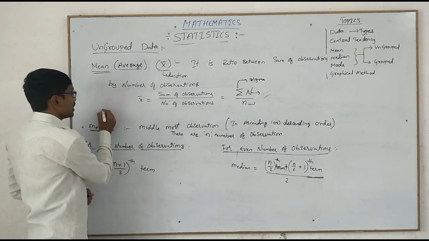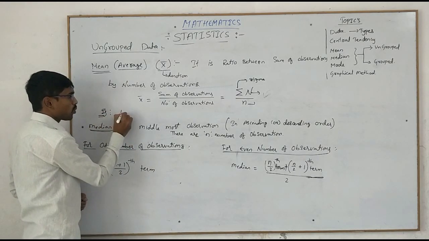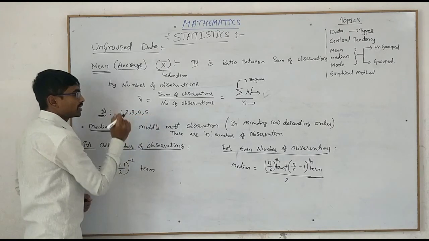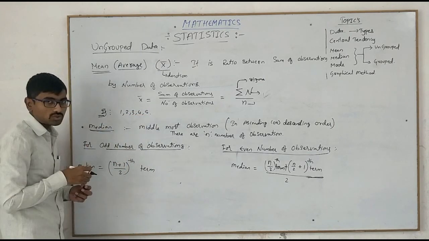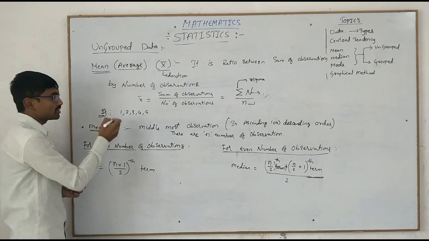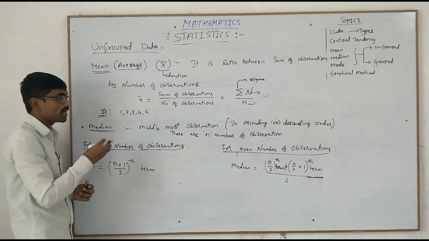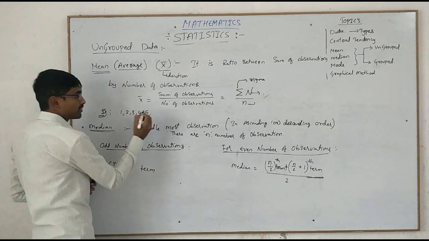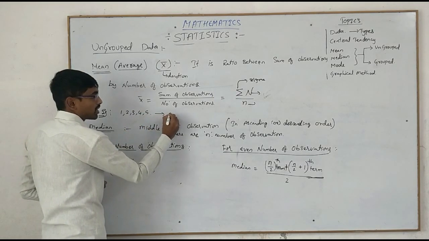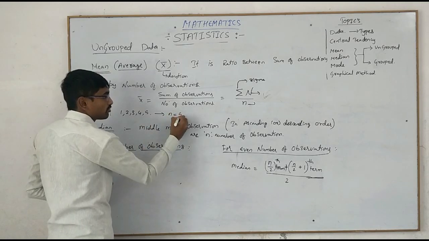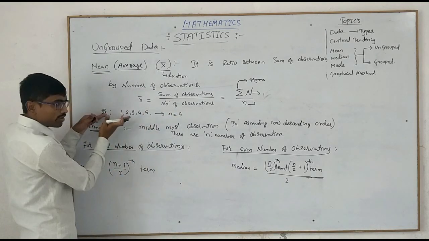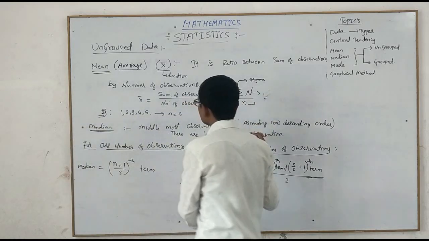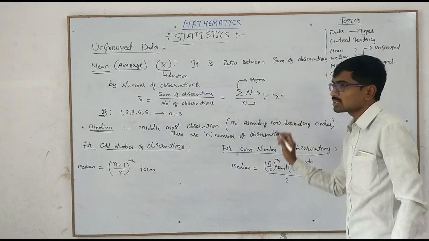So for example, we are taking the observations as 1, 2, 3, 4, 5. These are finite observations we have taken. Here we have 5 observations, so small n is equal to 5. How are we finding the mean here? x bar is equal to the sum of observations.